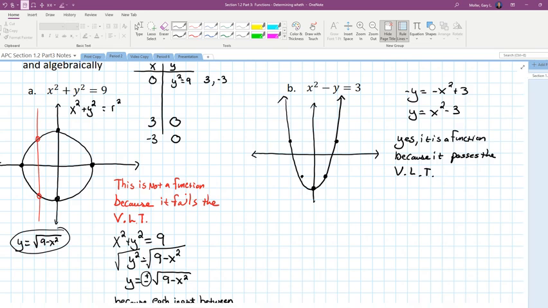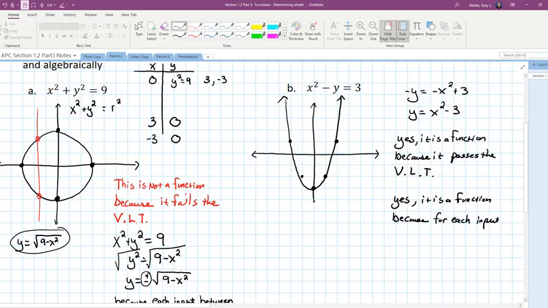And so I would say basically, yes, it is a function because for each input, there's only one output.